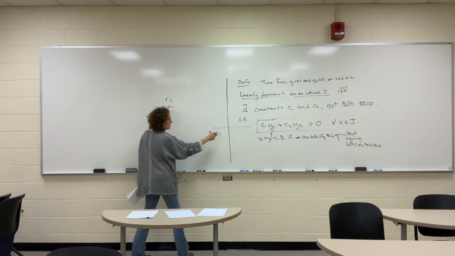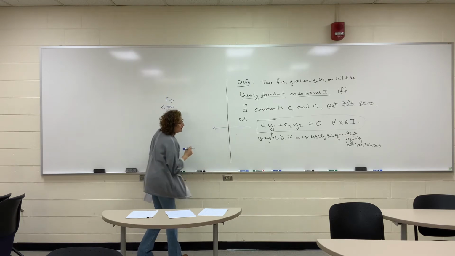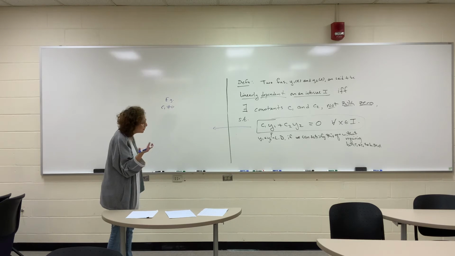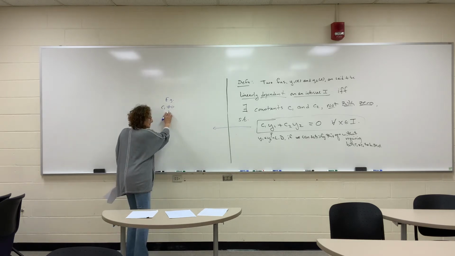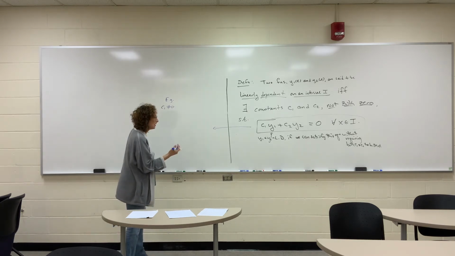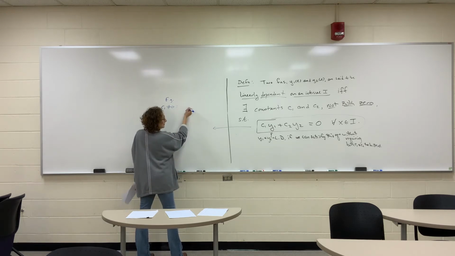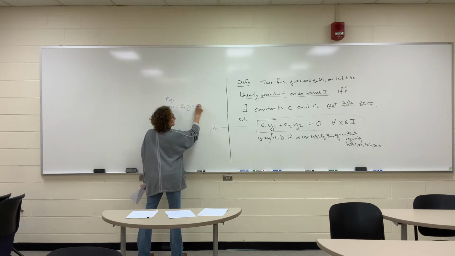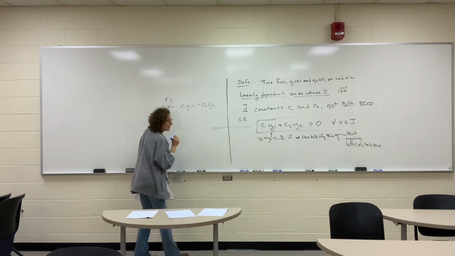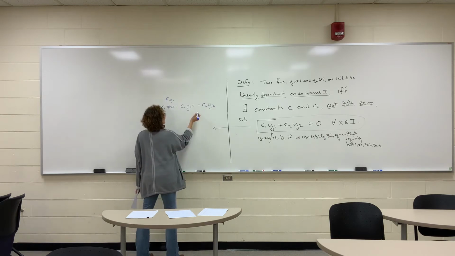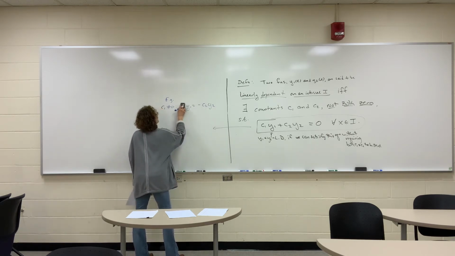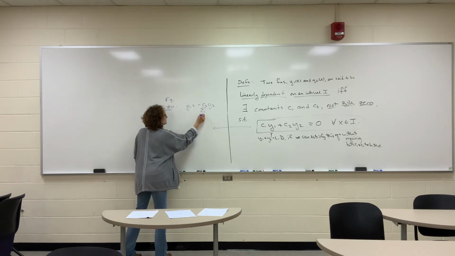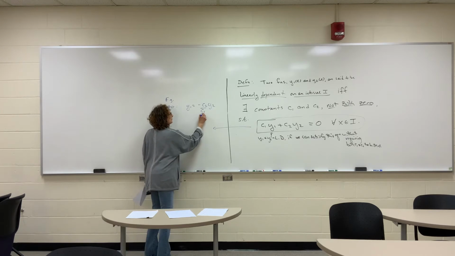If C1 is not 0, then I can solve this equation, right? For which function? Well, if C1 isn't 0, that means I can divide by it, right? And so I could say, if C1 isn't 0, then I would get C1y1 is minus C2y2, bringing that across, and then divide by C1. And it's critical that C1 isn't 0 because I'm dividing by C1, right?